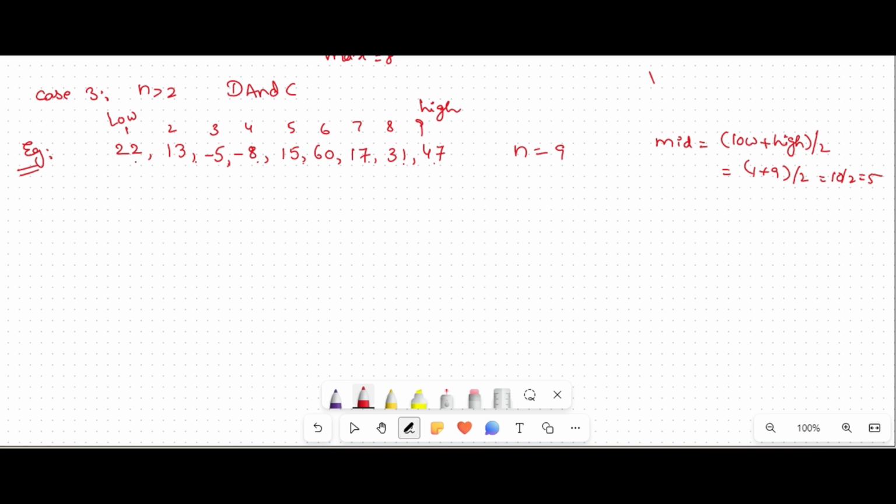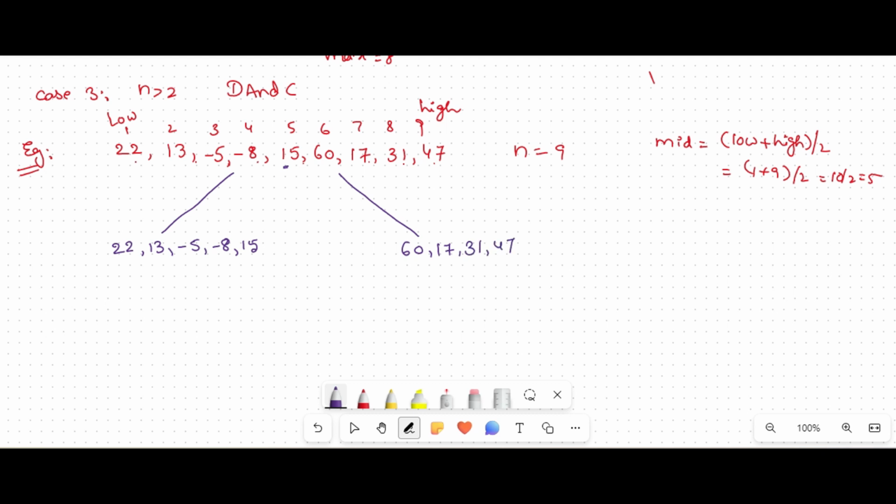So this is our left subarray, from low position to mid position: 22, 13, -5, -8 and 15. Next, the right subarray: 60, 17, 31 and 47.